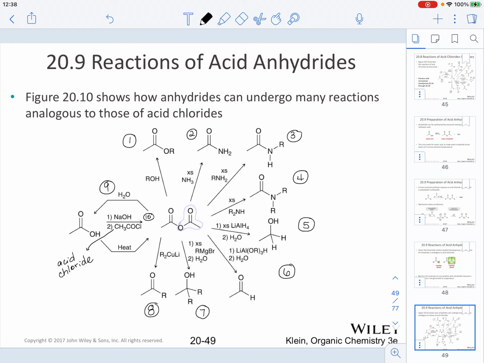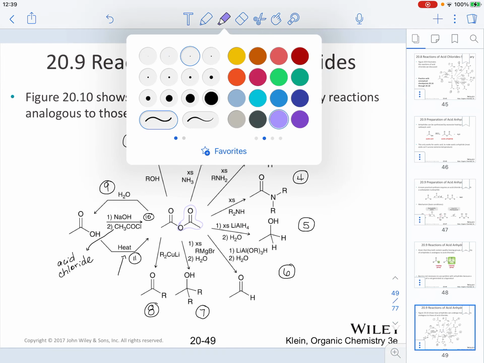And understand that when you take a carboxylic acid and you heat it to make an anhydride, this reaction number 11, I'm going to highlight it in red.